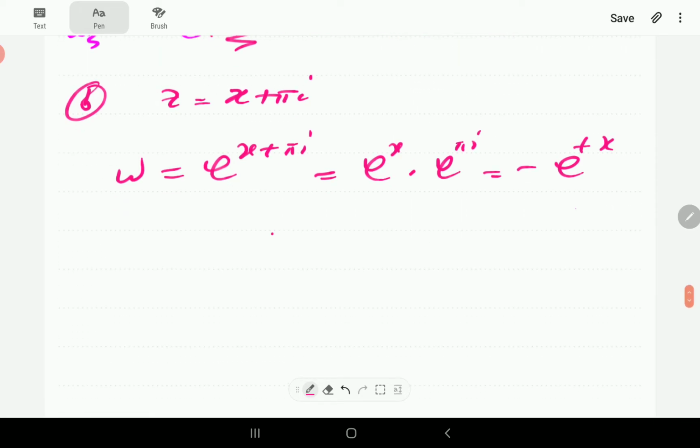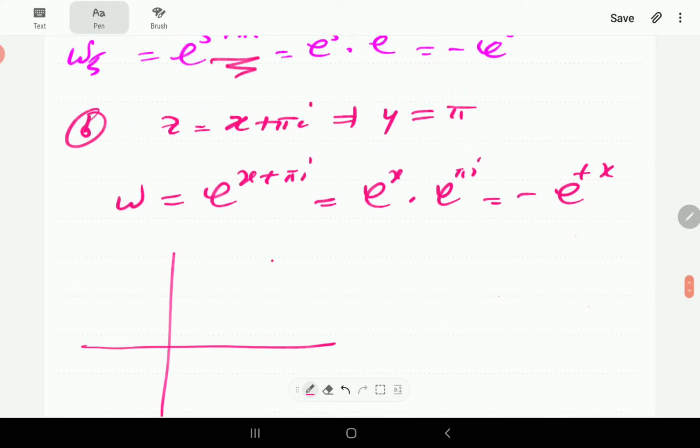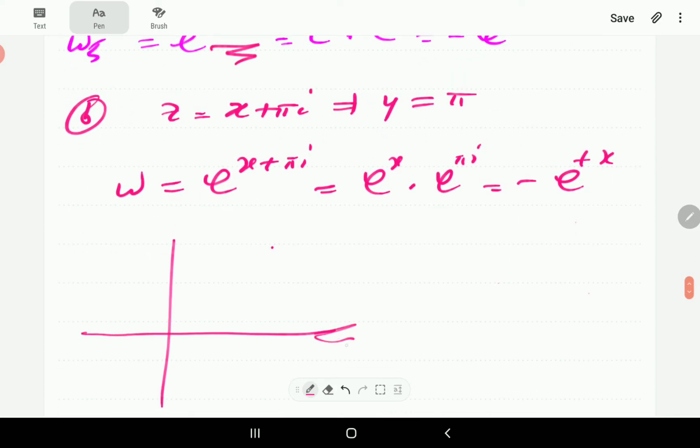So that means all the points on this horizontal straight line, by the way, I said this is the same as y equals π. Let me just work through that in case someone is asking themselves how that comes about. Well, z here is x plus iy.